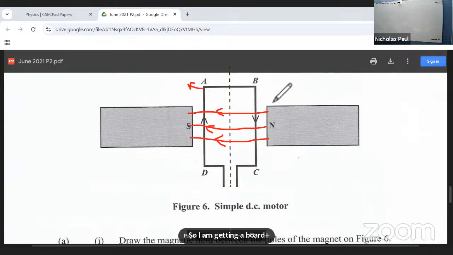And obviously a downward force at BC. How will it turn, clockwise or anti-clockwise? It's going up and down, so it's turning like that. That's clockwise. Are you okay with that? Up at DA, down at BC, so it will turn clockwise.